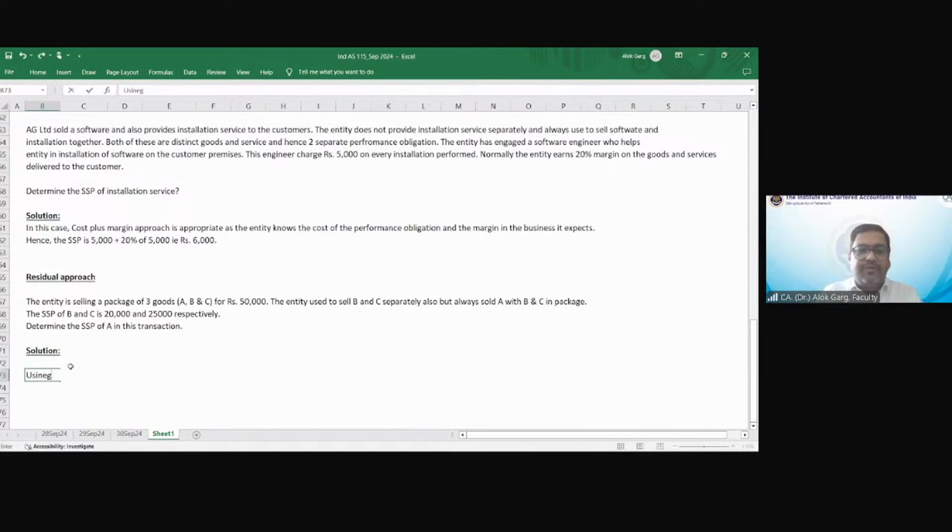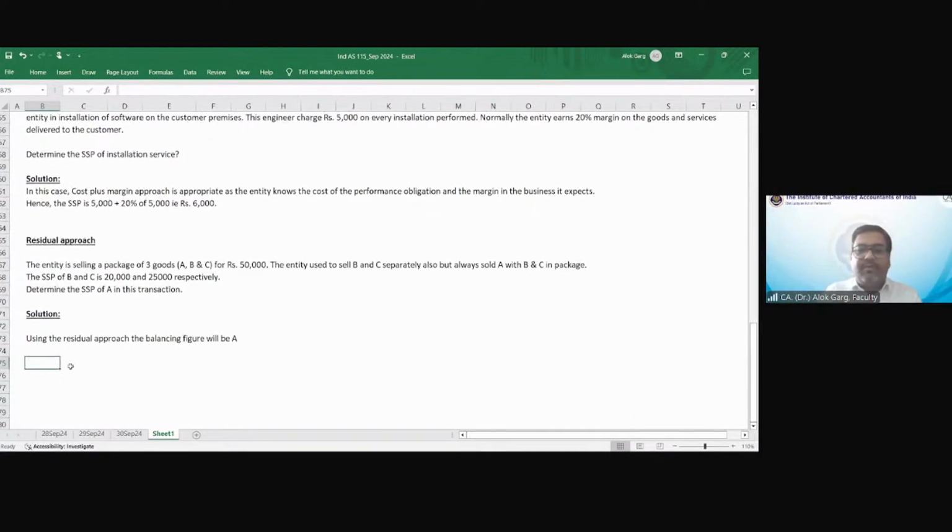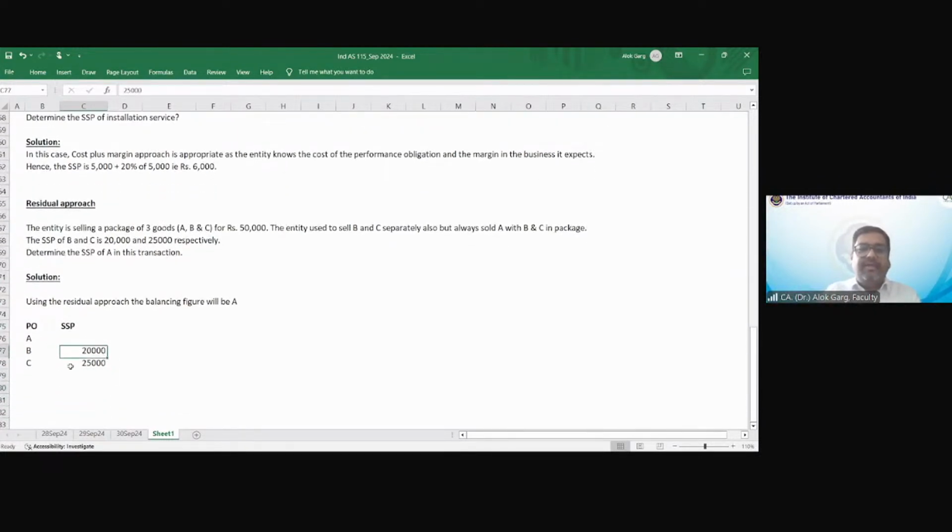Using the residual approach, the balancing figure will be A. The standalone selling price is 20,000 for B and 25,000 for C. So A is equal to 50,000 minus 20,000 minus 25,000, which is 5,000.